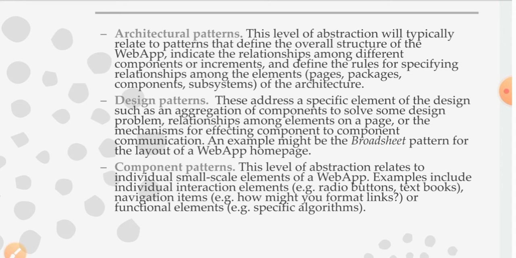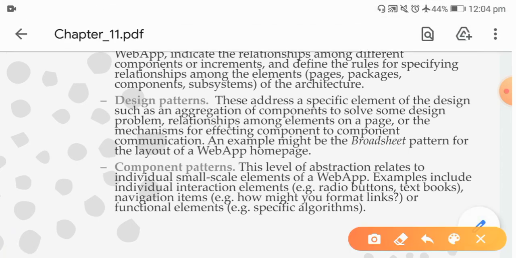So the first one is the architectural pattern. This level of abstraction typically relates to patterns that define the overall structure of the web app, indicate the relationship among different components or increments, and define the rules for specifying relationships among the elements, such as the pages, packages, components, and subsystems of the architecture.